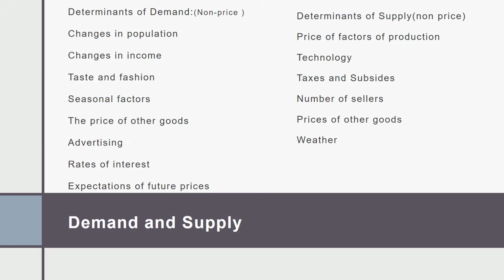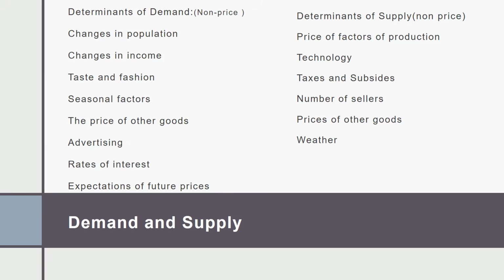The prices of other goods. You normally buy KFC, but Church's Chicken has a sale today, so you're not buying KFC again. Advertising. The better the ads, the more likely you are to buy. Interest rates.